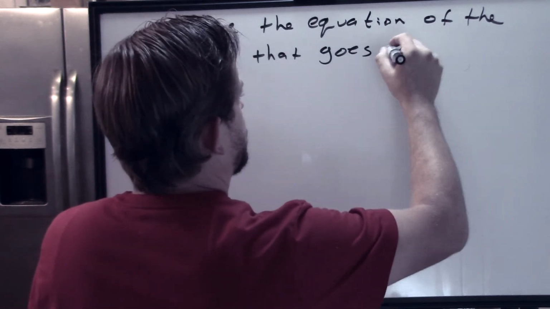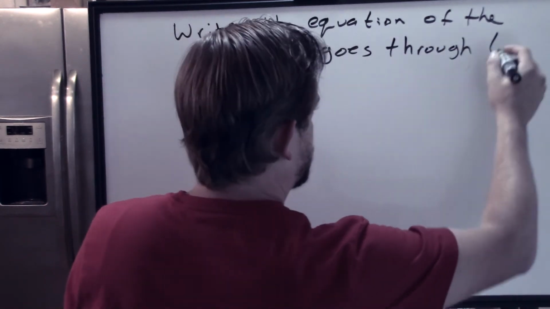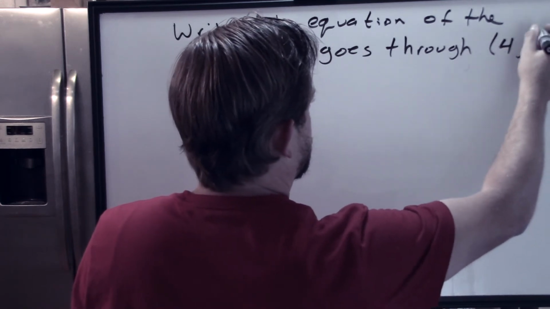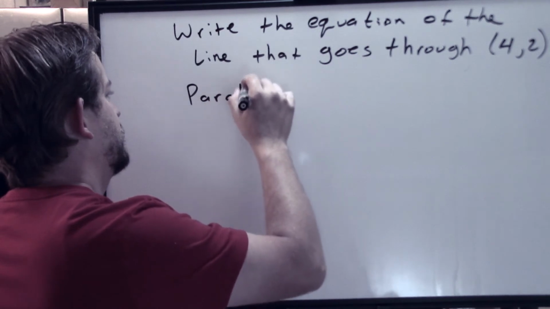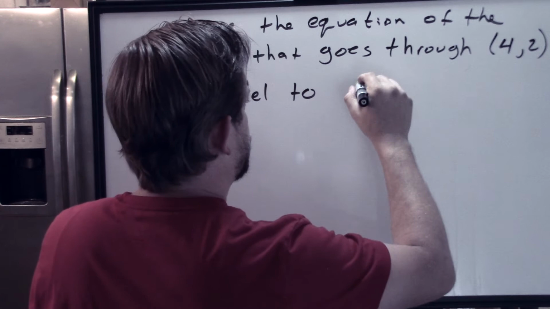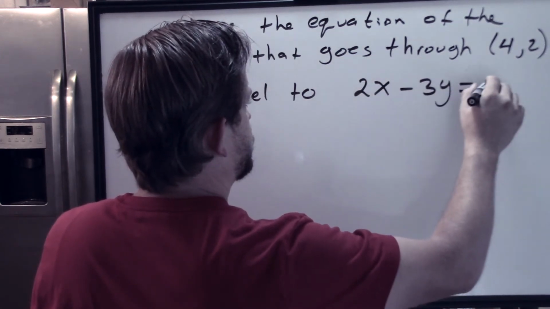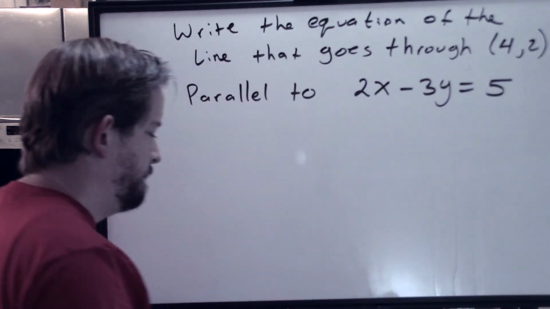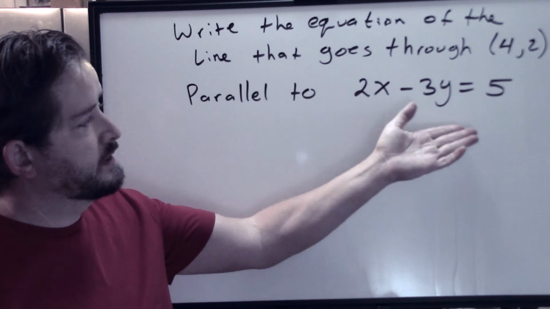Let's say it goes through the point (4, 2) and is parallel to 2x minus 3y equals 5.